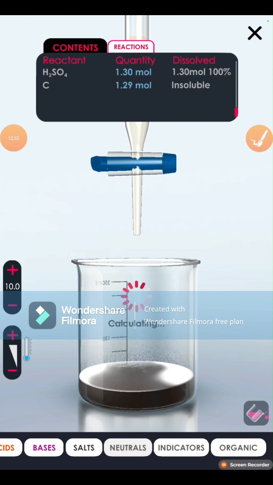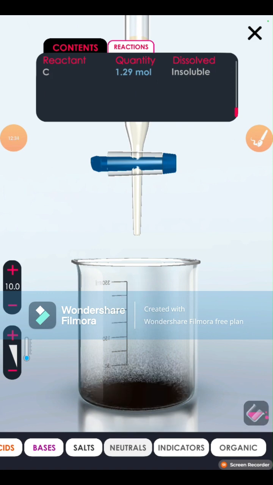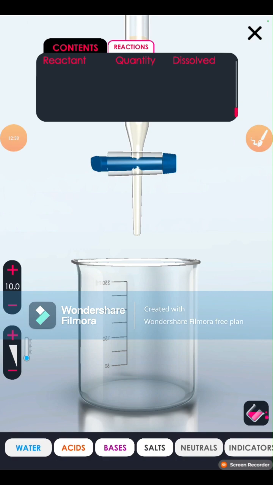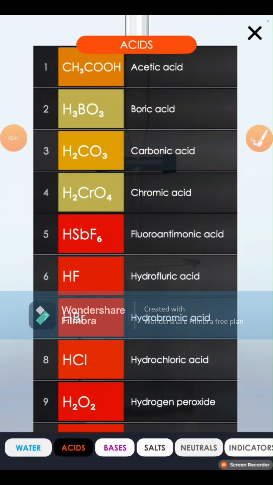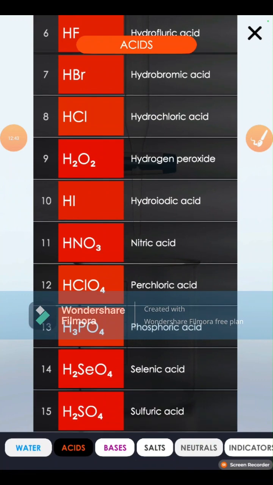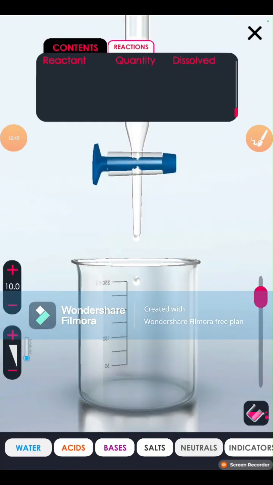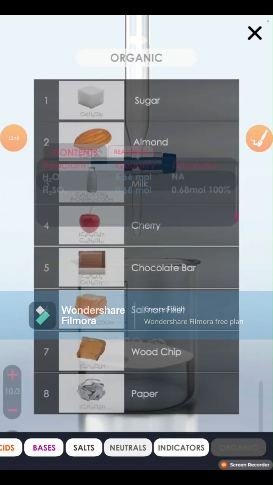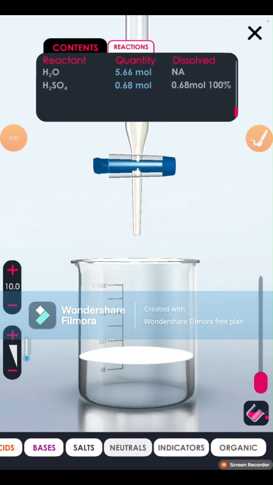So this sulfuric acid is not that good. So let's pour it out and remove all the contents or reactants from the beaker. So let's add new sulfuric acid over here. This is H2SO4. So now let's put organic matter like milk over here.